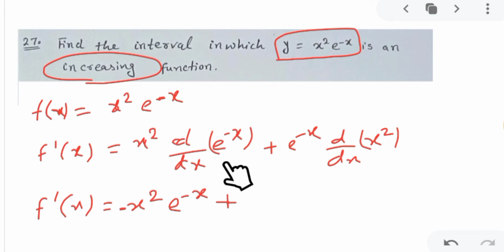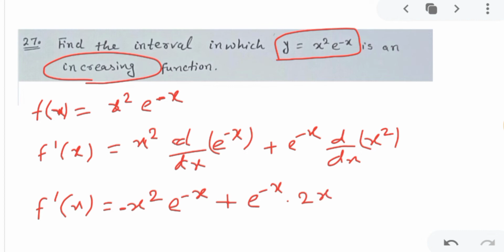If you are not comfortable, then pick 1 or 2 videos I have made and go through them, where I explained questions in detail, so you can understand very easily. So e to the power minus x and the derivative of x square will be 2x, correct?